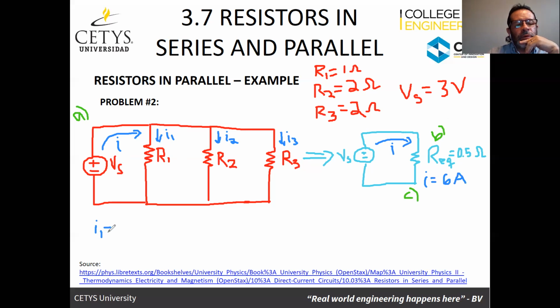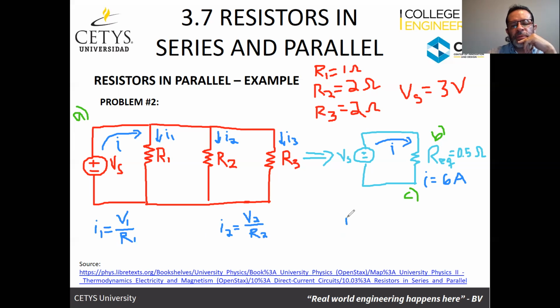Now, the current 1 is going to be equal to the voltage in resistor 1 divided by resistor 1. The current in resistor 2 is going to be equal to the voltage in resistor 2 divided by resistor 2.